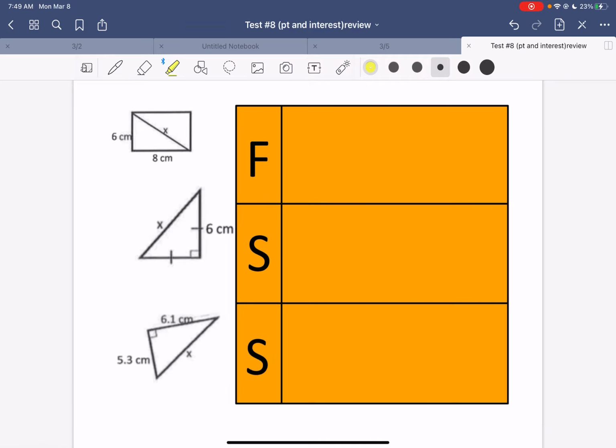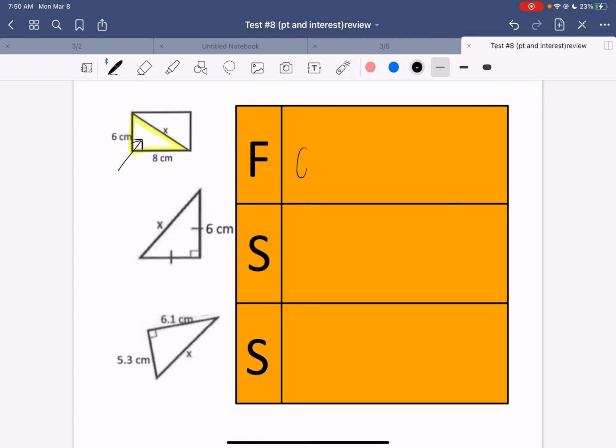So what I'm going to do is solve one of these, and then I will let you pause and work on the other one. I'm going to use this first one up here in the corner, this right triangle here. So we're solving for the missing side, which is the hypotenuse.